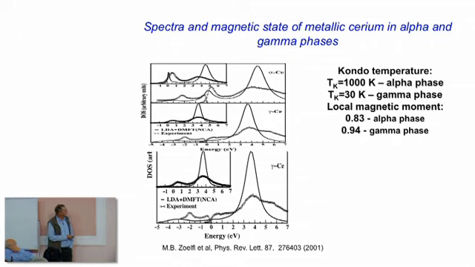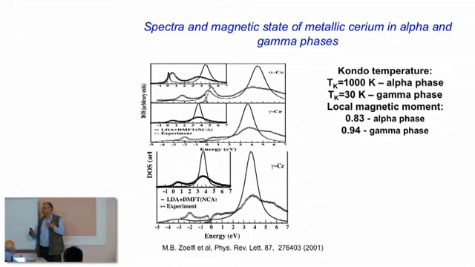So what we see in our calculations: in the alpha phase, we still have a very strong Hubbard band, but also we have a very sizable quasi-particle band. While for the gamma phase, we have practically nothing on the Fermi level, a very weak quasi-particle peak. So the conclusion is the following, that both are correlated.